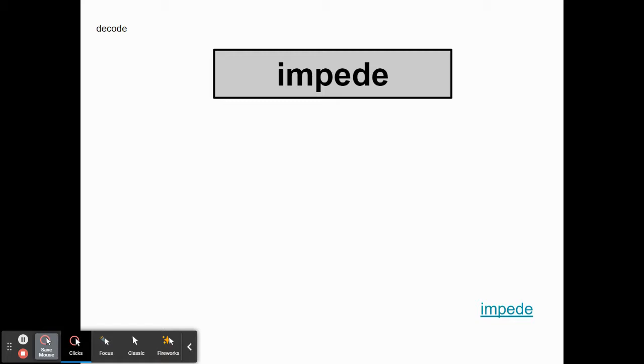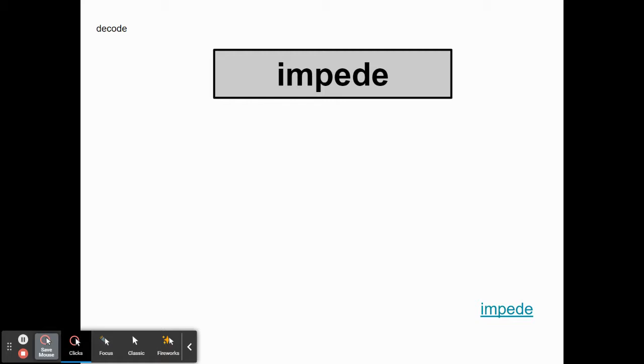Okay, this one's a little trickier. You may have heard somebody use this word previously, but it's not something that you've probably used that much in your own vocabulary. The word is impede.